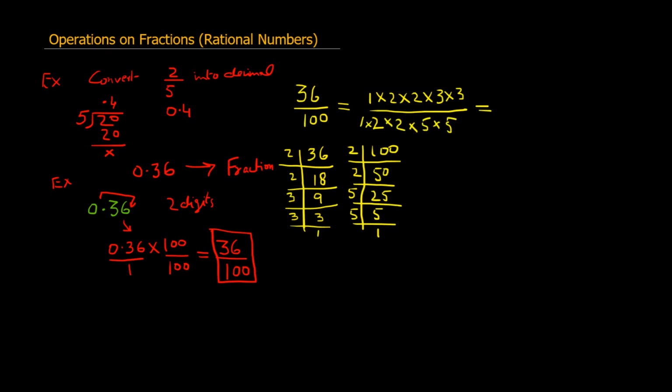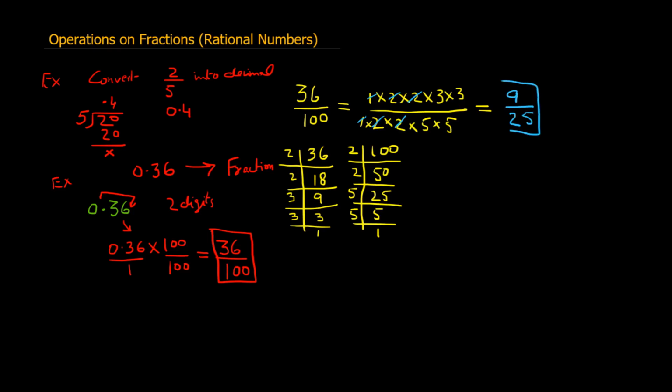So now what we have to do, we have to cancel out as many numbers as possible. So 1 with 1, 2 with 2, 2 with 2, and nothing else. So now 3 multiplied by 3 is 9, and 5 multiplied by 5 is 25.